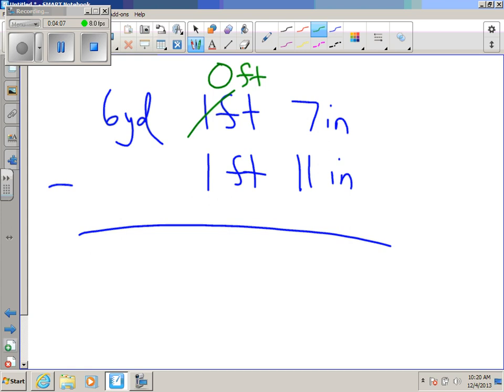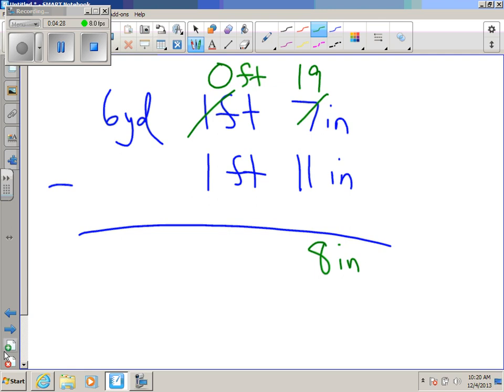How many inches do I now have if I carry over the 12 from the foot with the 7 that are there? 19. 19 minus 11 is 8. Now, this comes with its own problem, though. 0 feet, I can't take away 1 if I have 0.